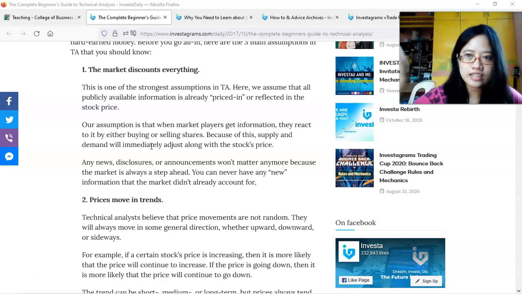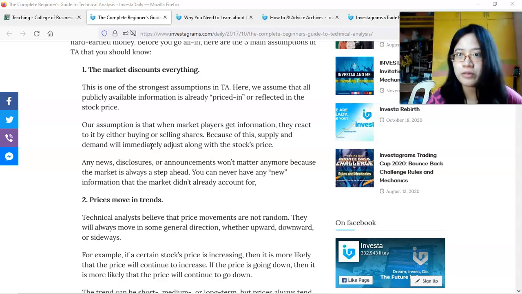Kaya in a way, nadadrive na rin pataas yung market price. At kapag na-finalize na yung deal, halos wala nang movement yung market price. Kasi nga, na-anticipate na ng mga investors or ng mga traders. Okay? So, priced in na yung available na information.